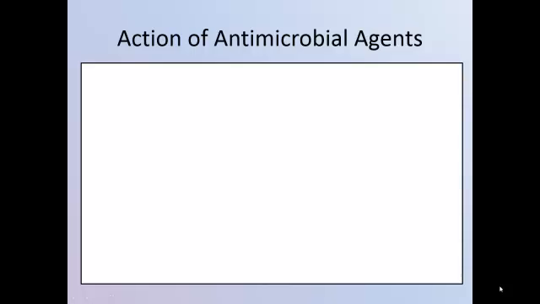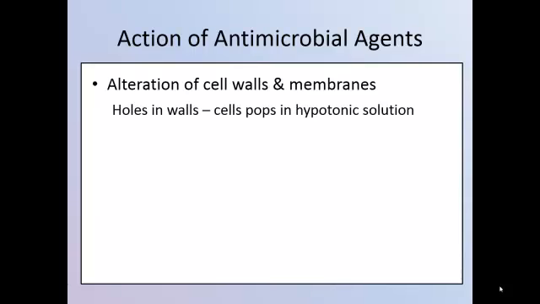Now, the last subtopic for this topic is, how do these antimicrobial agents act on the microbes? Some of them alter cell walls and cell membranes. They punch holes in the walls, and then the cells pop in the hypotonic solution that they find as their home. If we pop holes in the membrane, they can also leak.